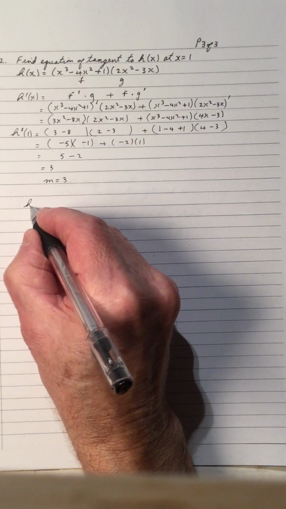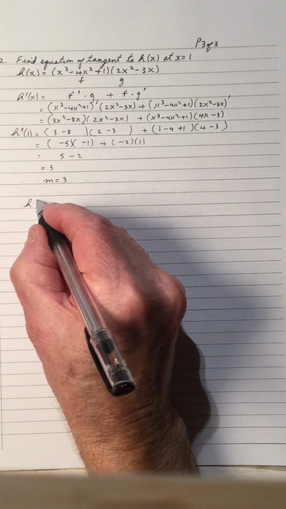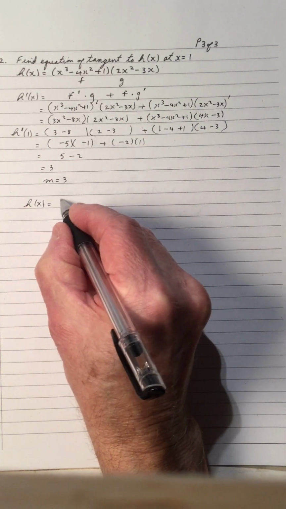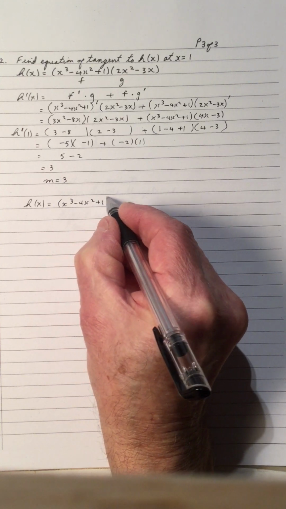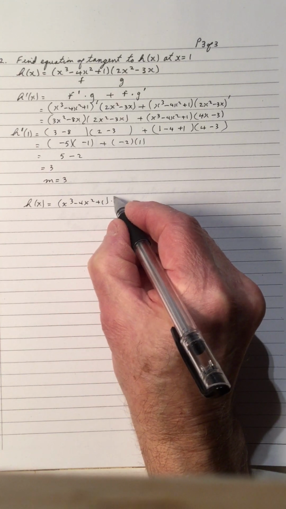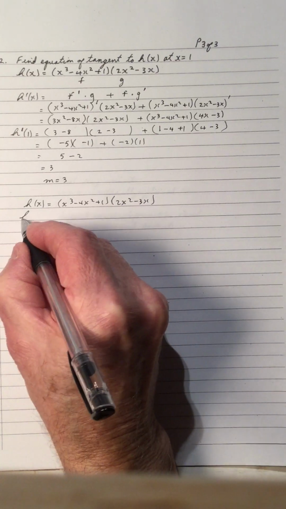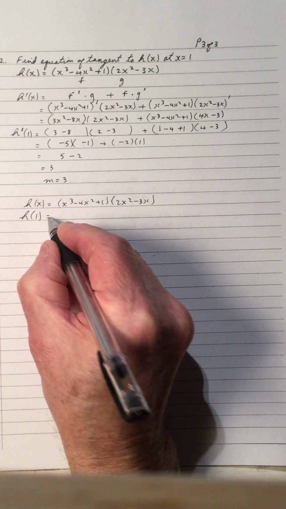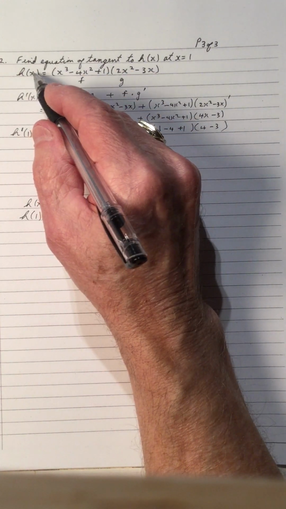So we do the h. So now h is x cubed minus 4x squared plus 1, and 2x squared minus 3x. So again, I'm going to do the h of 1 and find what the h of 1 is.